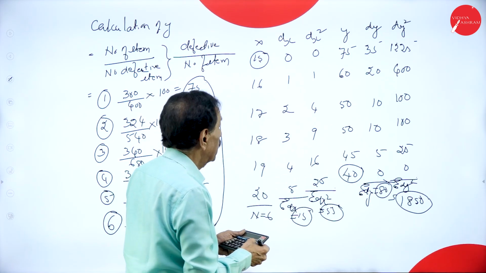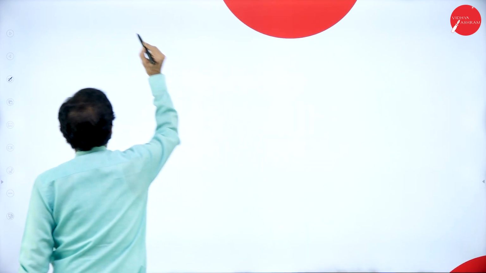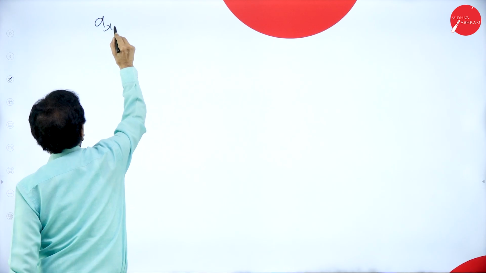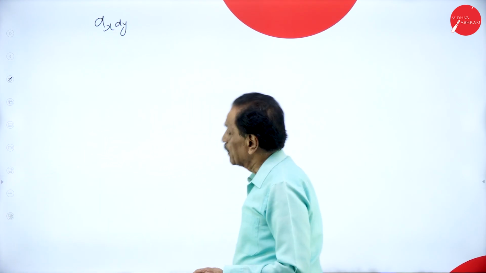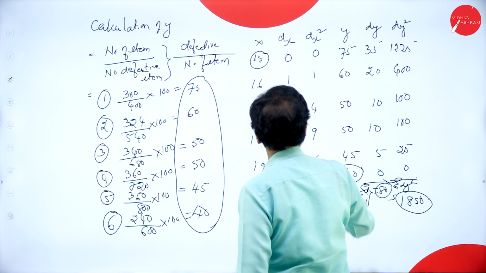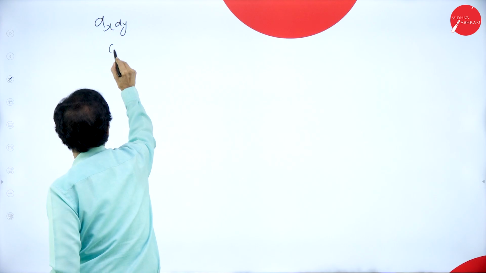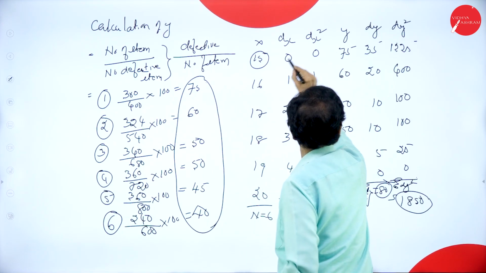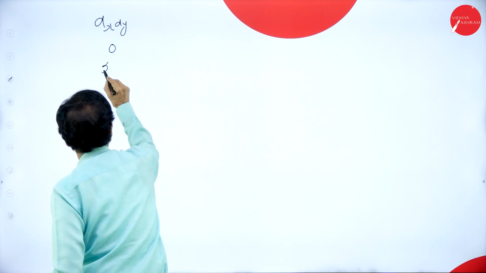Okay. Now, last step, dx dy. Carefully you have to do. Now, come back here. What's your dx? 0 into 35 is 0. 1 into 20 is 20.